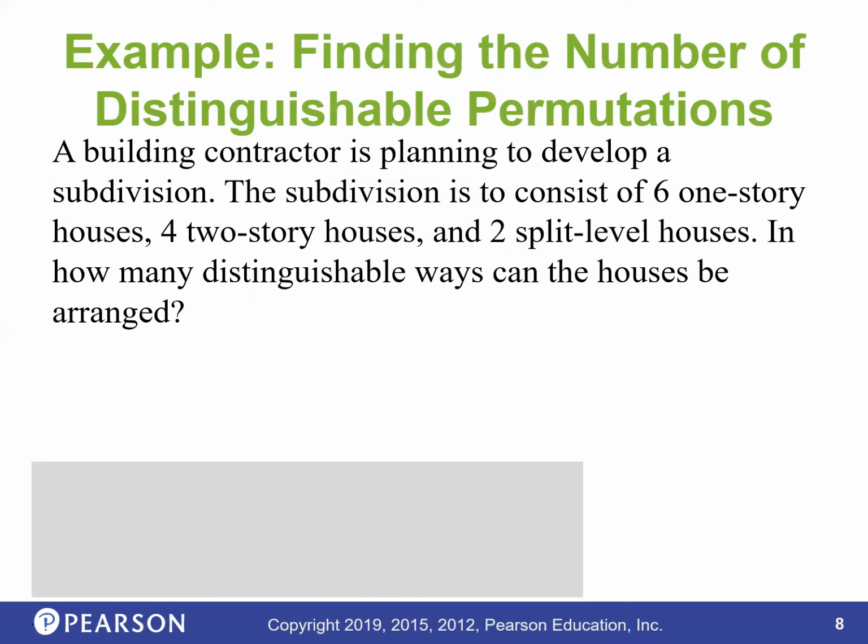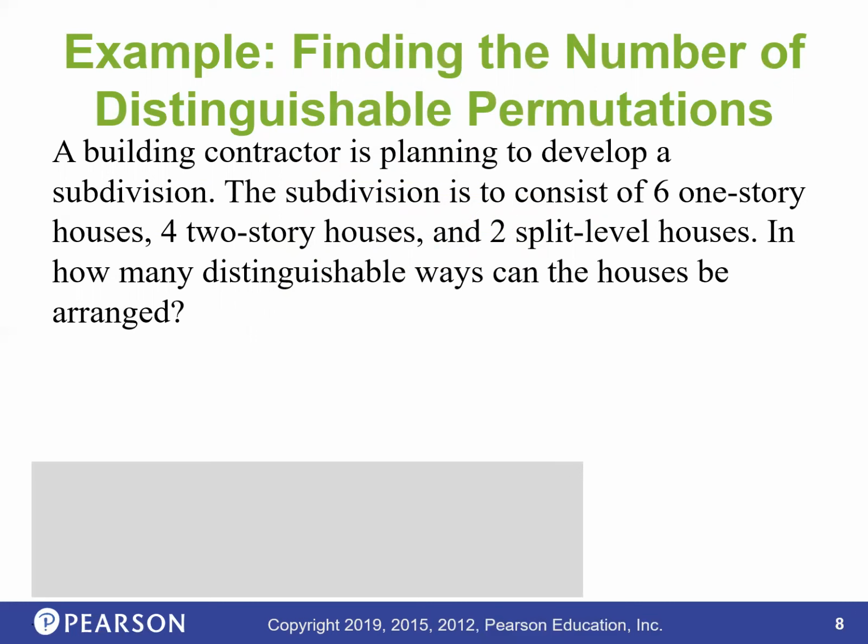In order to comply with the code of how many stories we have in split levels, he's going to build 6 one-story units, or houses, each distinct from another, 4 two-story houses in the subdivision, and also 2 split level homes. How many distinguishable ways can the houses be made?